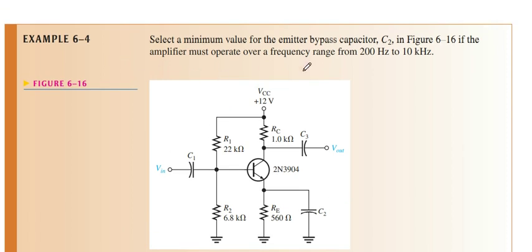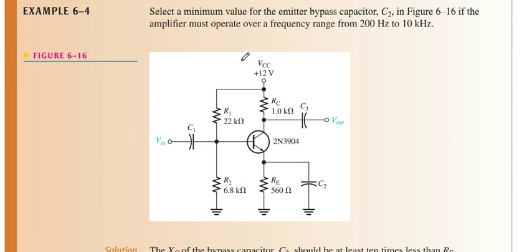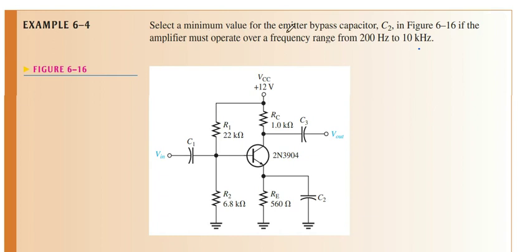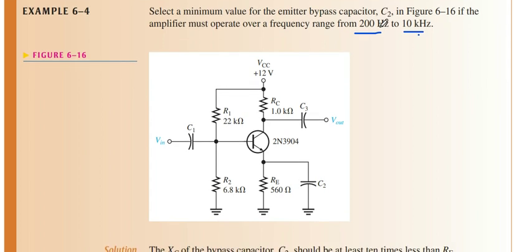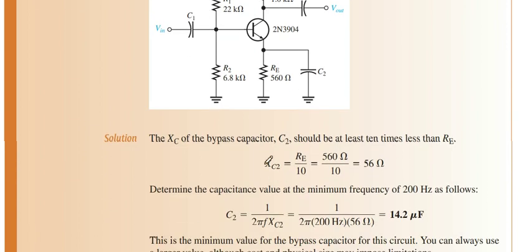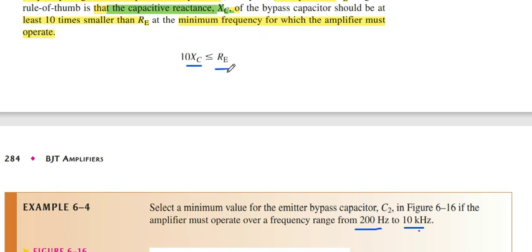We discuss this example for more understanding. There we want to operate the input signal at 200 Hz to 10 kHz, while we use the capacitor for bypass, or bypass capacitor C2, and we find the minimum value of bypass capacitor. For this we know that Xc is equal to Re divided by 10 in our previous formula.